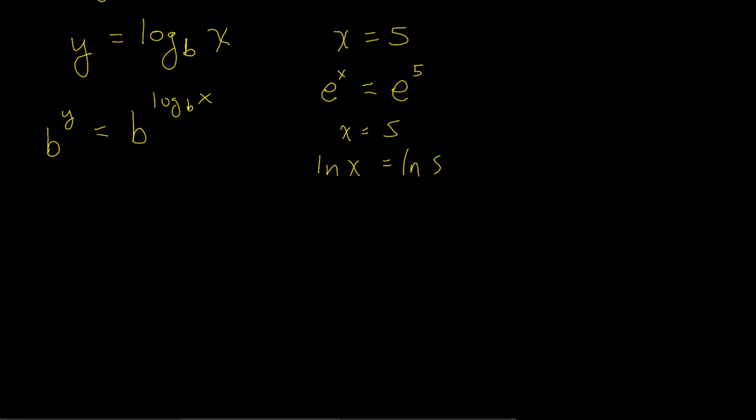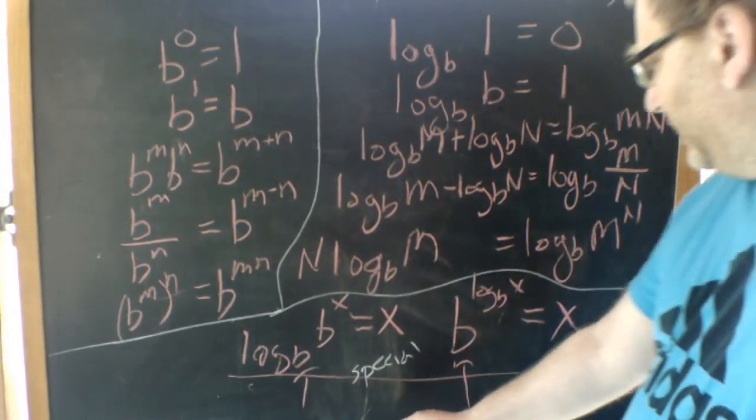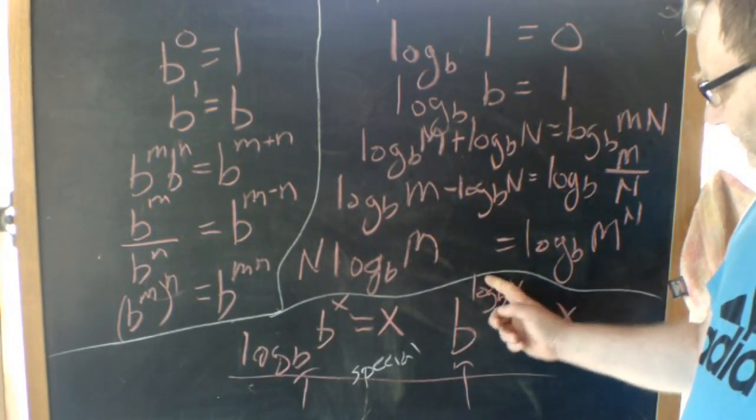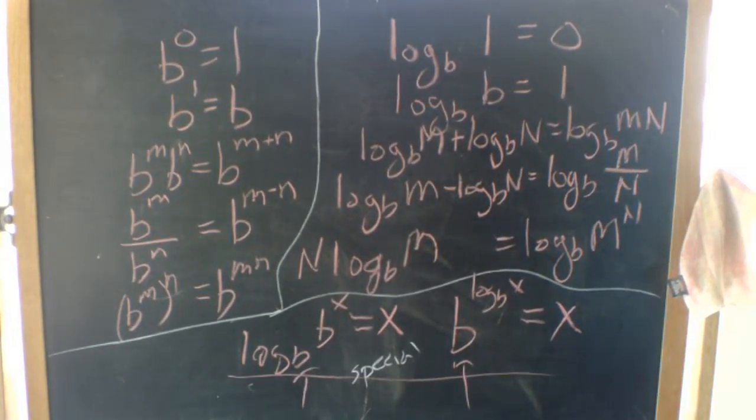Let me get to my switchy. If I have b to the log base b of x, they'll cancel back out. I'm using the inverse property to be able to cancel and move things forward or backwards.